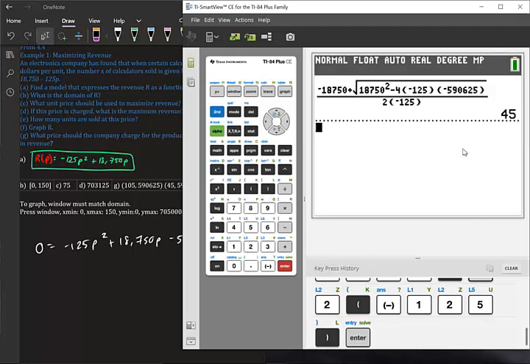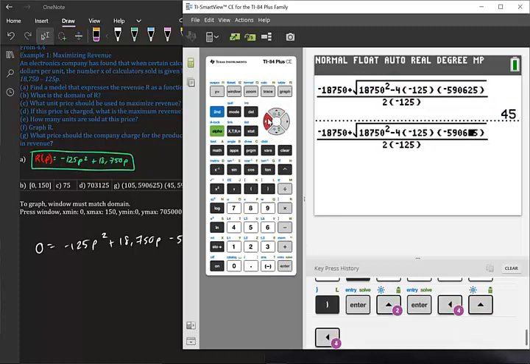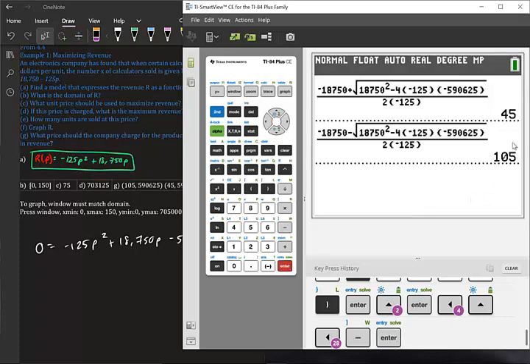And we get 45, just like we did. So now we have to do this again, but with the minus in the middle. So we highlight it, hit enter, scroll up to the plus, and make it a minus. And hit enter. And we get our two values.